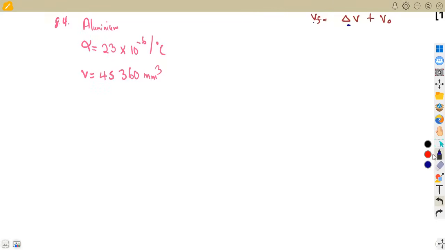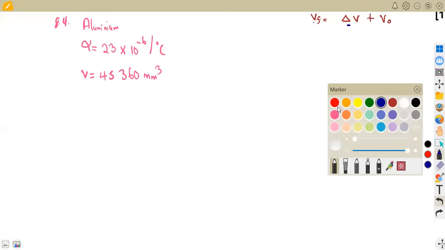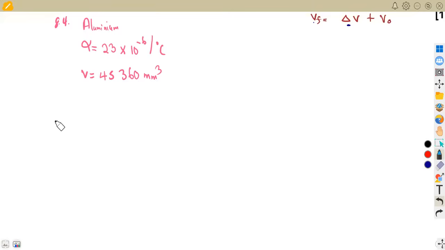All right, so for our change in volume, we have this formula from before. In the last part we were given the volume expansion coefficient, which was gamma. But this time we are given alpha, the linear coefficient of expansion, on our information sheet.